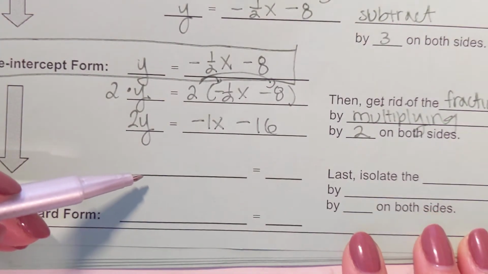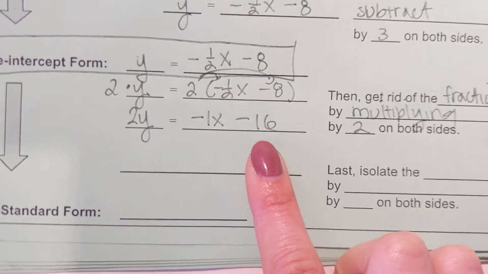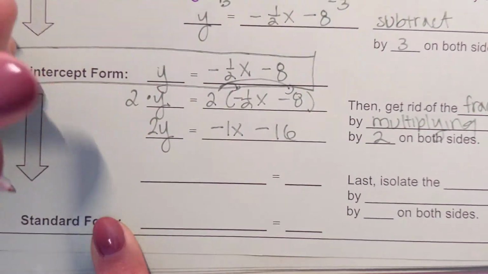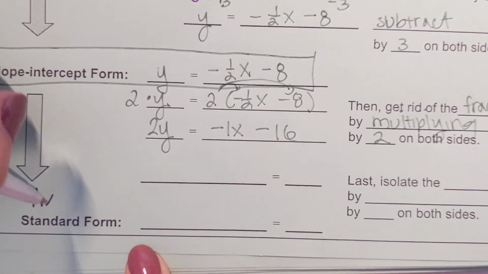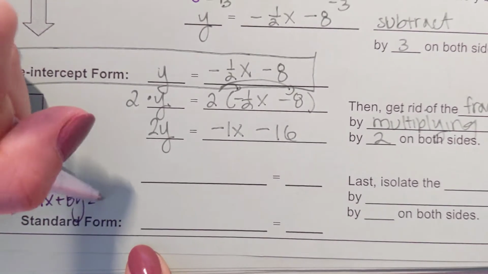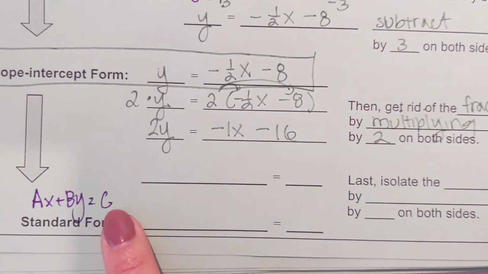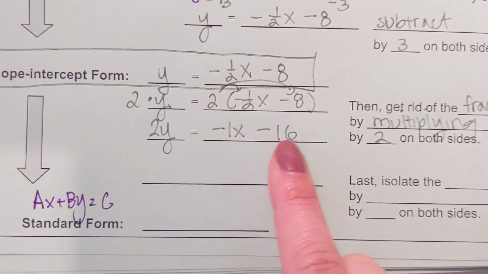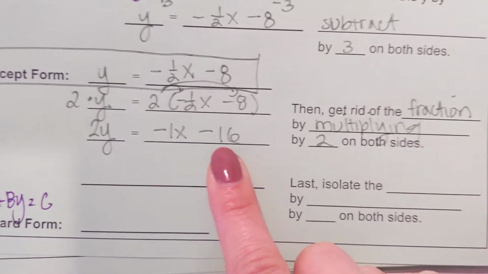The last thing I'm going to do is isolate the constant, because remember standard form is ax plus by equals c, where c is the constant. So it's a number with no variable that needs to be alone. So if I look here, what's the thing that has no variable? This one.